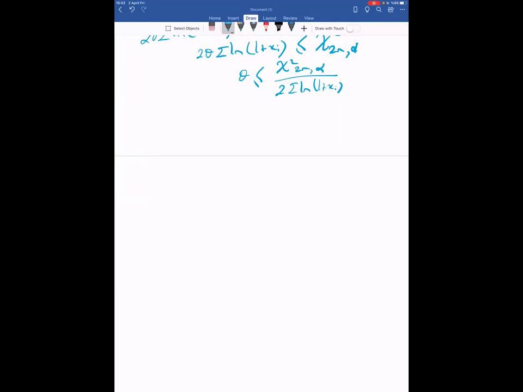So we need to define the Fisher information and so on, but we can find an approximate interval using this approach also. So the second approach is the approximate confidence intervals.